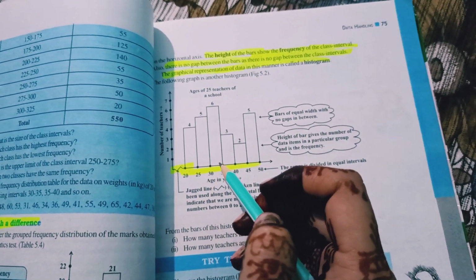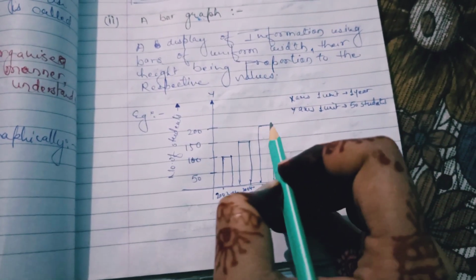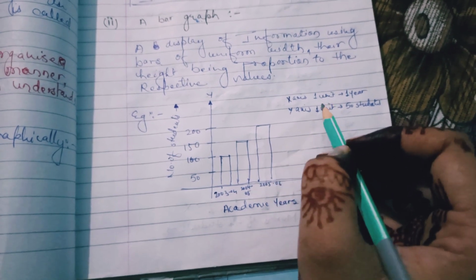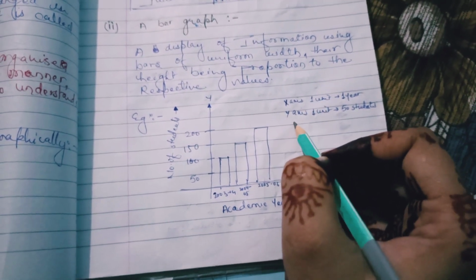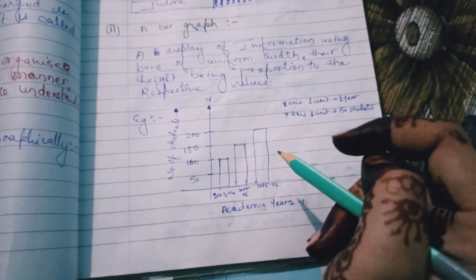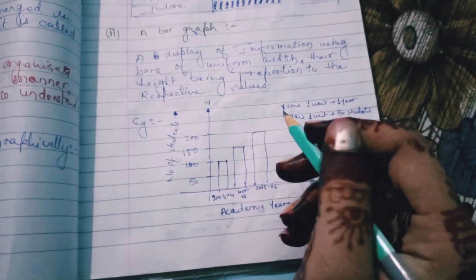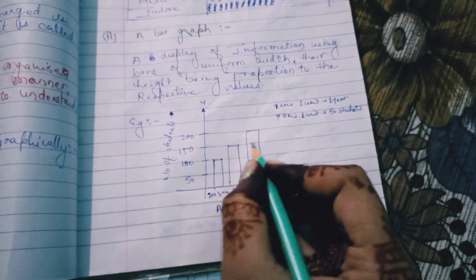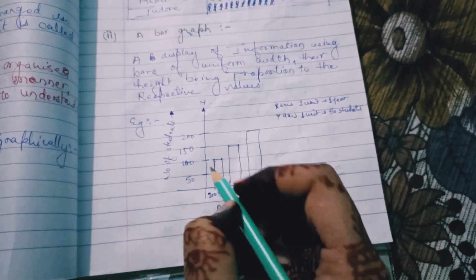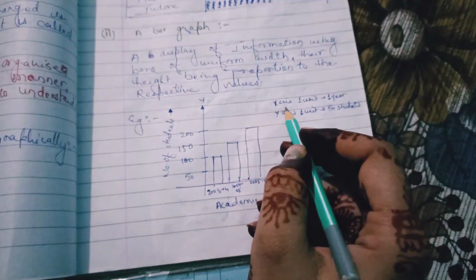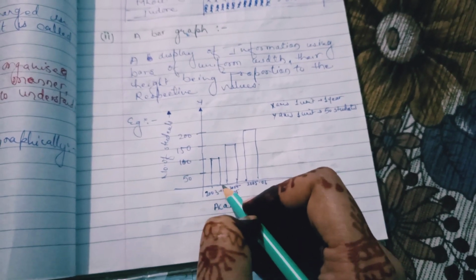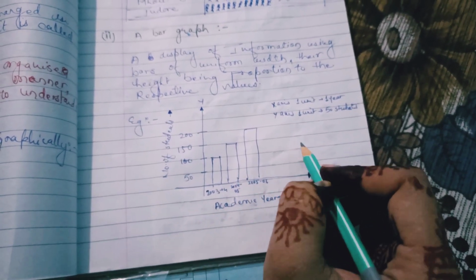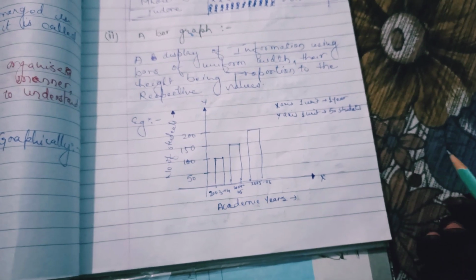One more thing: whenever you are representing the data, don't forget to mention the x-axis and the y-axis, because you will draw them in a graph. This is a bar graph, so this is the x-axis and this one is the y-axis. On the x-axis we are taking 1 unit, meaning one box having 1 centimeter.